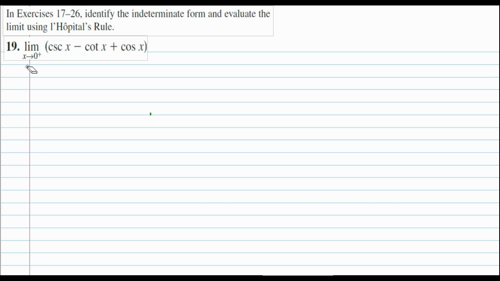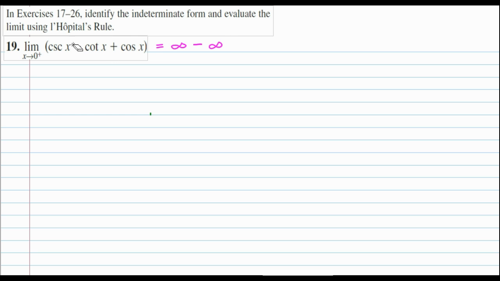So that would be quadrant 1 on the unit circle. Cosecant is positive in quadrant 1, and there's a vertical asymptote at x equals 0. So that means we're going to be approaching positive infinity as x approaches 0 from the right for cosecant of x. Cotangent of x has a minus sign, but also a positive value in quadrant 1 and a vertical asymptote, so we have another positive infinity.